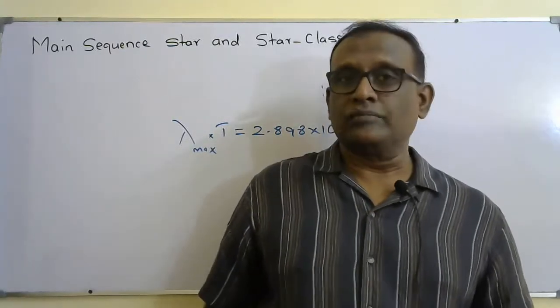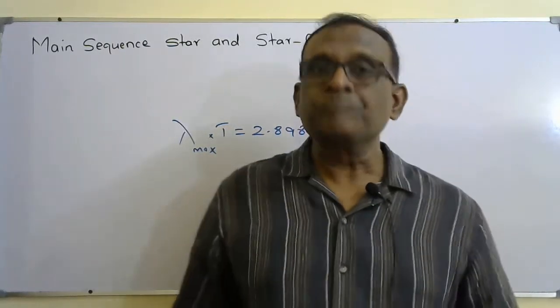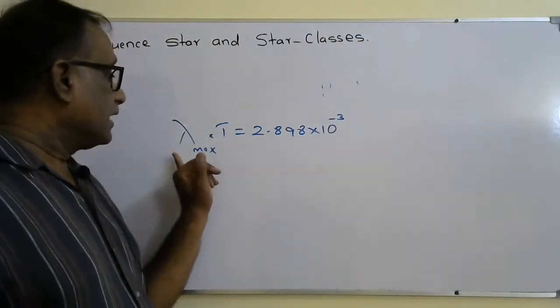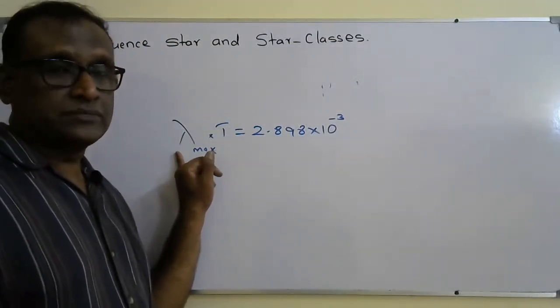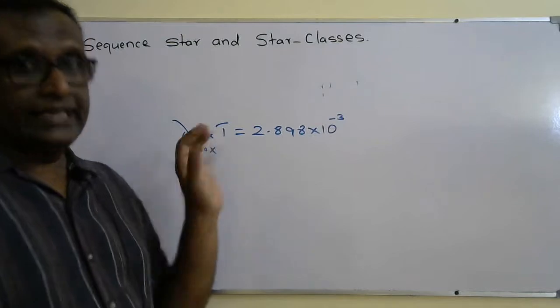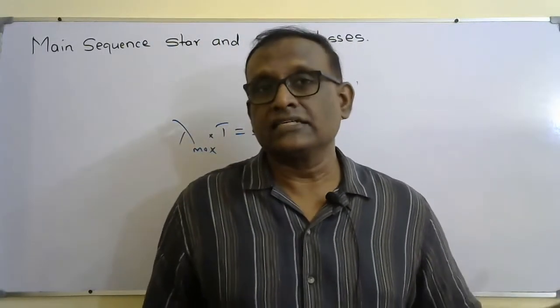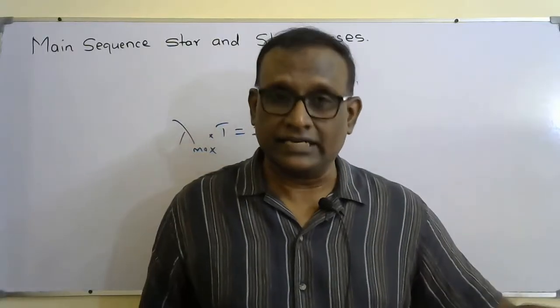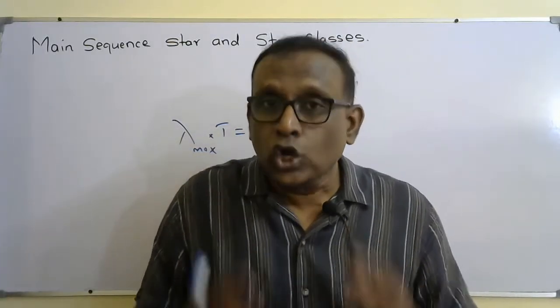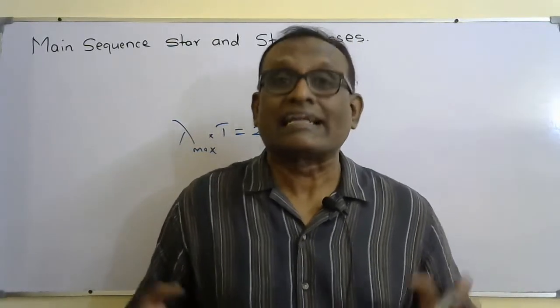Lower rate of fusion means the temperature will be lower. So lower temperature means lambda max, the wavelength that corresponds to the peak luminosity, will be larger. In the visible spectrum, the highest wavelength corresponds to red color. So these low mass stars appear reddish.